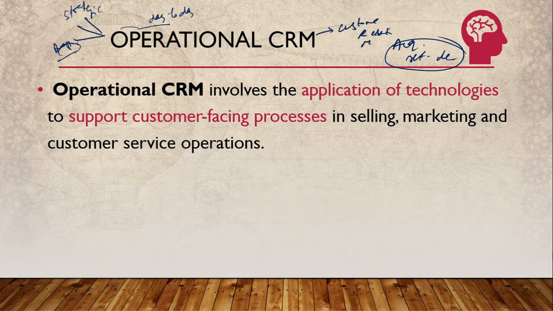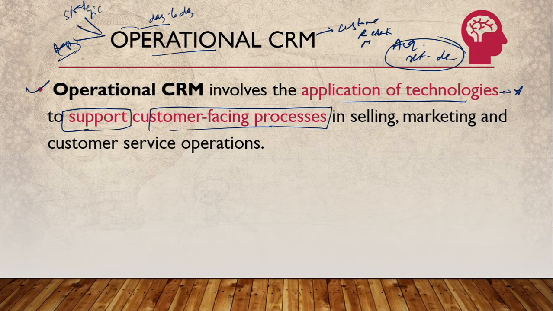So the second type of CRM is the operational CRM. What is the definition of operational CRM? Operational CRM basically involves the application of technologies, that is, you are using the technologies to support, this is the key, the customer facing processes. Some of the customer facing processes are selling, marketing and customer service operations.